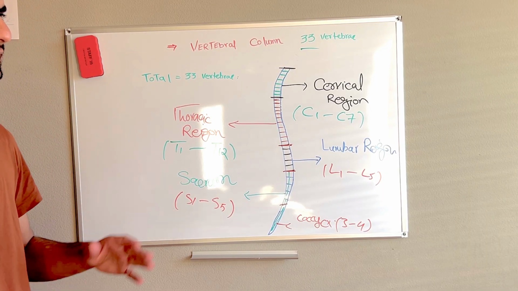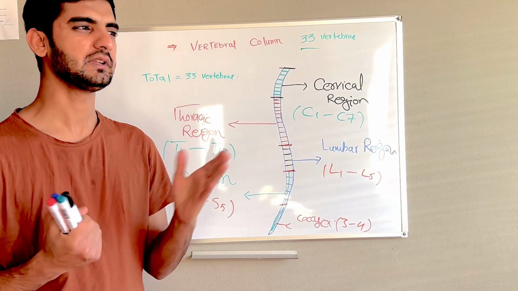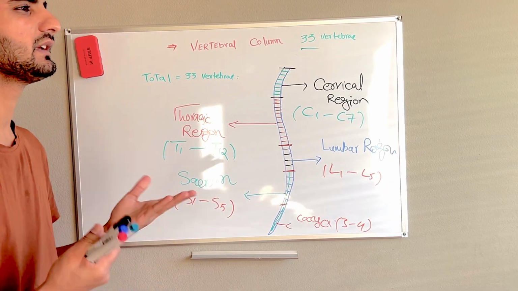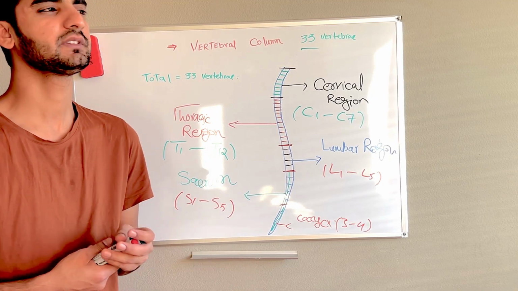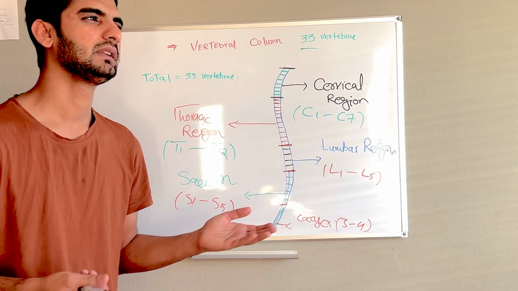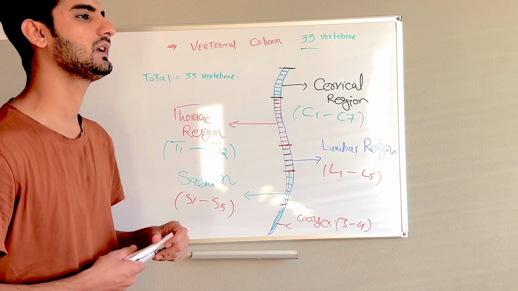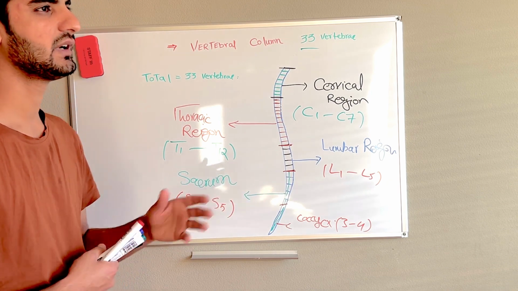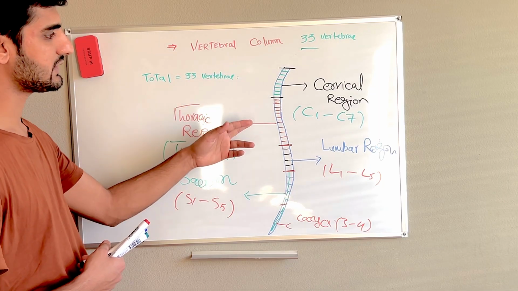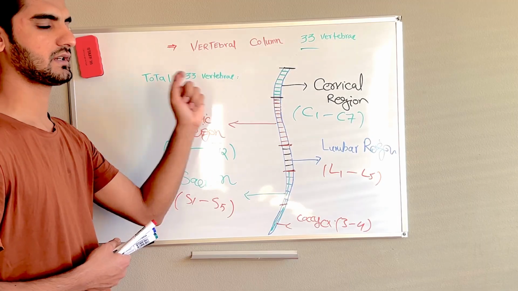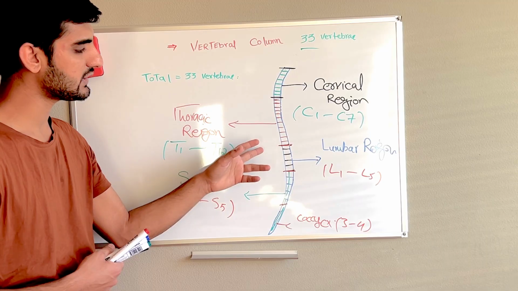Now this is a very simple classification which we know, and we have heard about these things very simply. In some countries students study the vertebral column in college, or even already in schools, but here in medicine you need to study each region and each vertebra structure, because we are going to discuss each region and each vertebra.